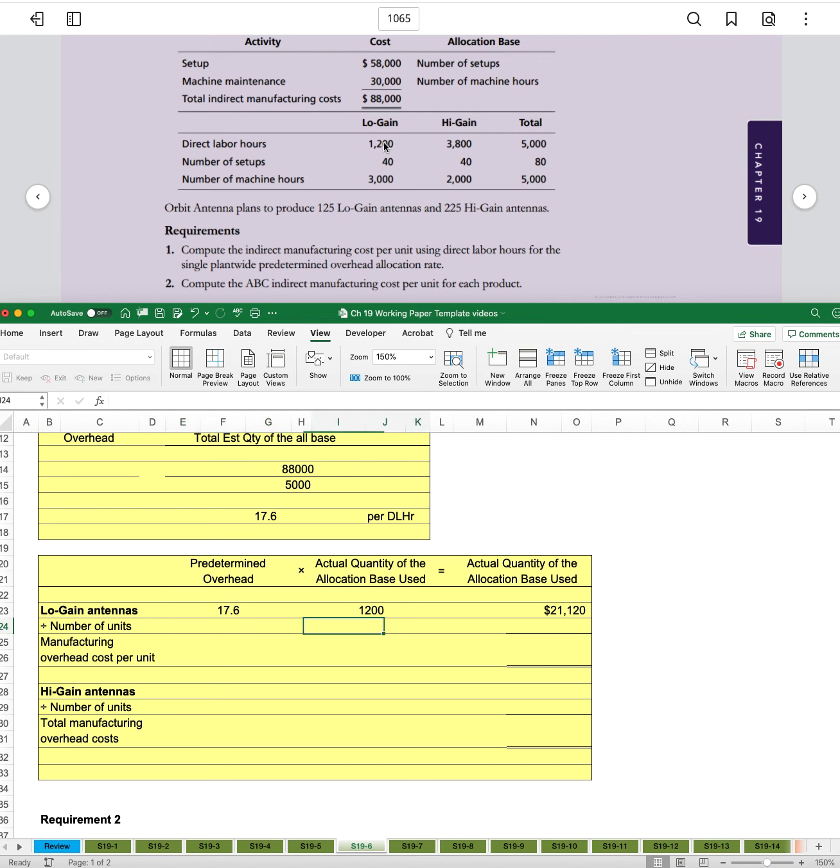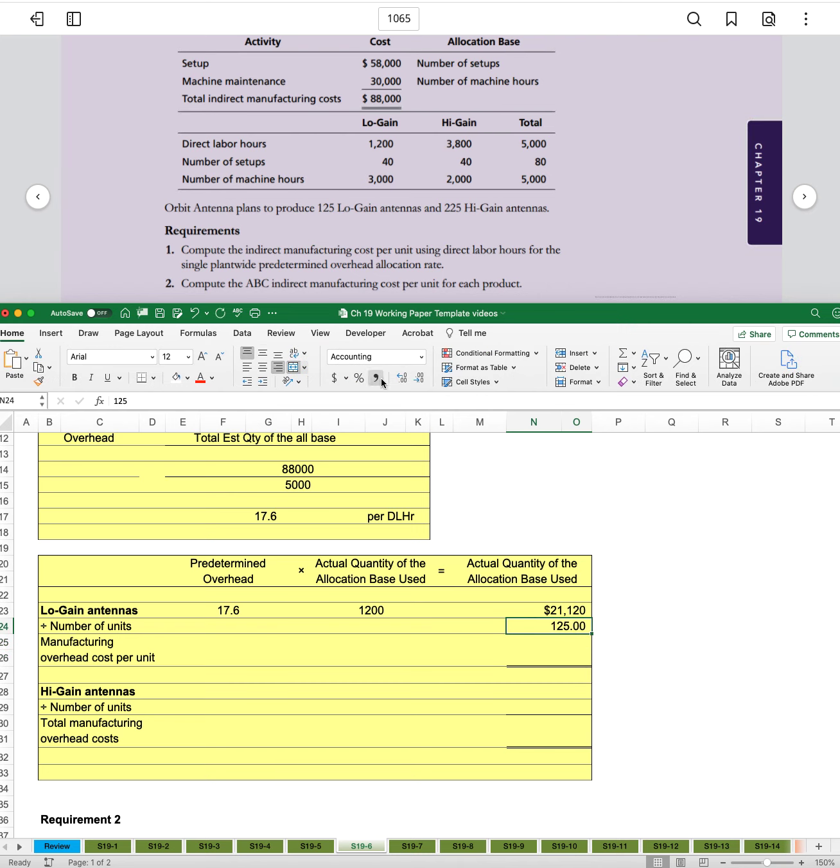Now divide that by the number of units of low gain produced, and that was 125, which was given here. And so we get a manufacturing overhead cost per unit, 21,120 divided by 125, so 168.96.